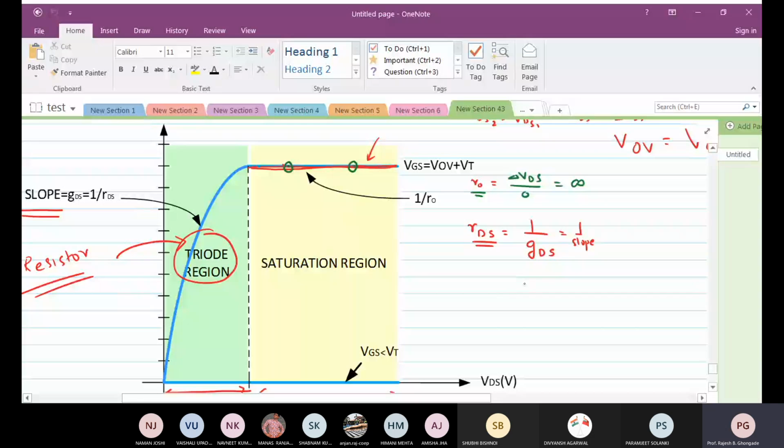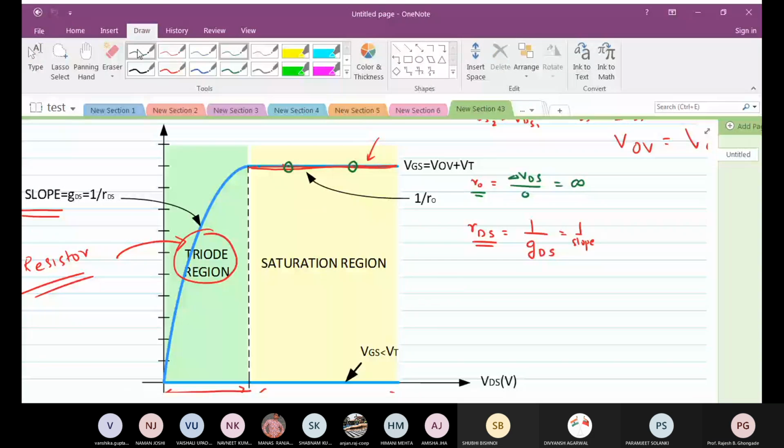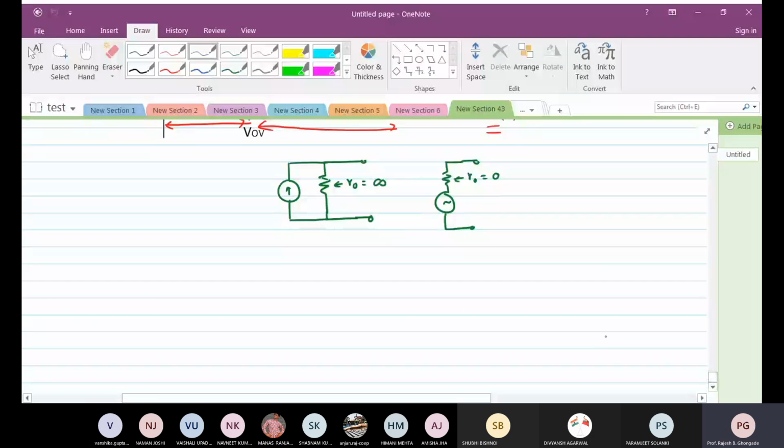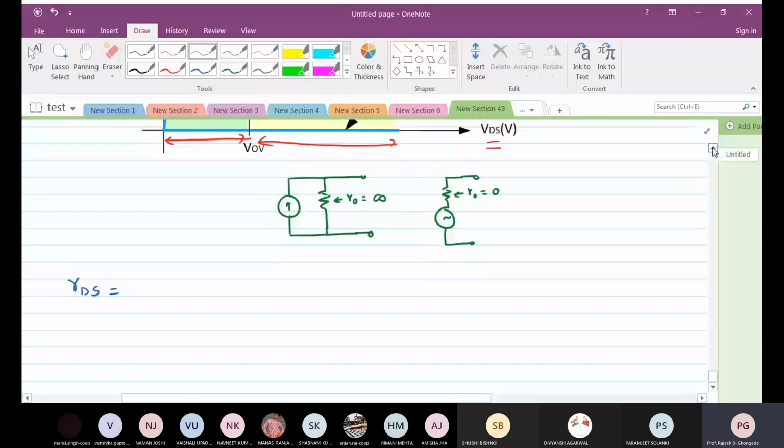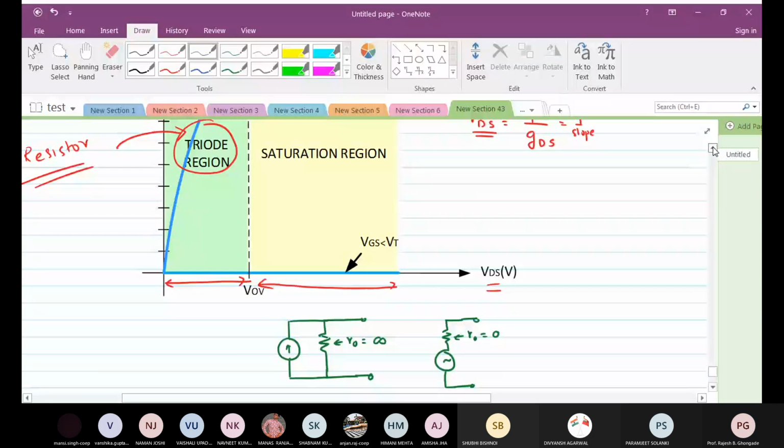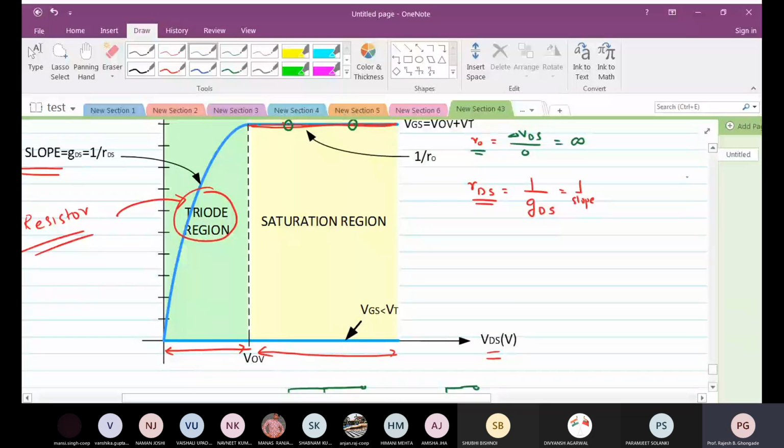All right, so this RDS is given as 1 by GDS.